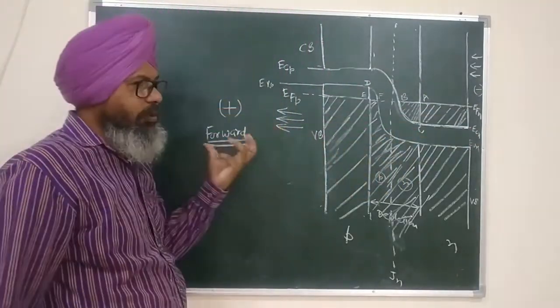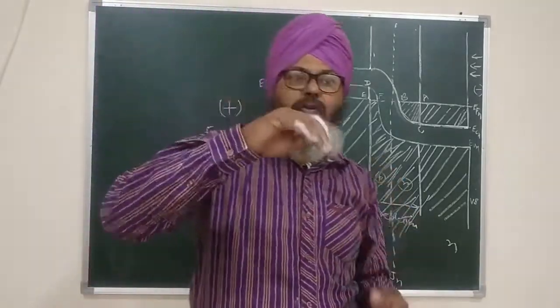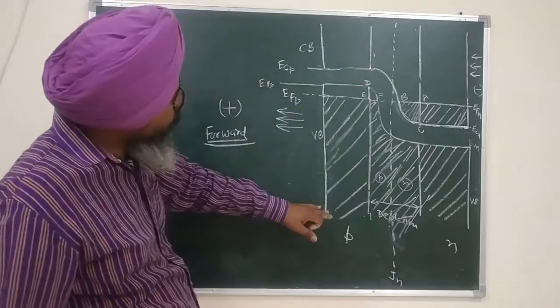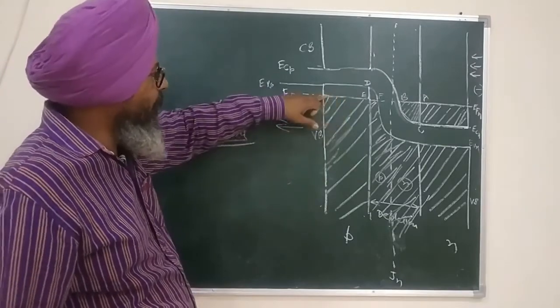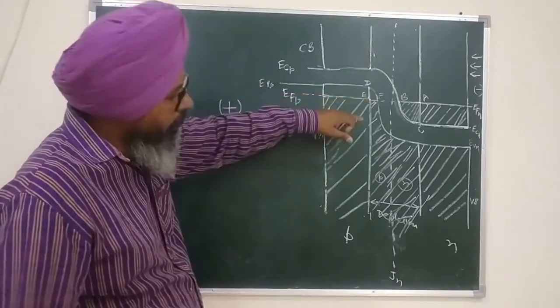Similarly, this material is losing electrons. When electrons are lost by the material, the highest filled electrons are lost first. So you are not going to lose electrons here. Actually, this is the highest filled level. So the electrons will be lost from here, then from here, then from here.